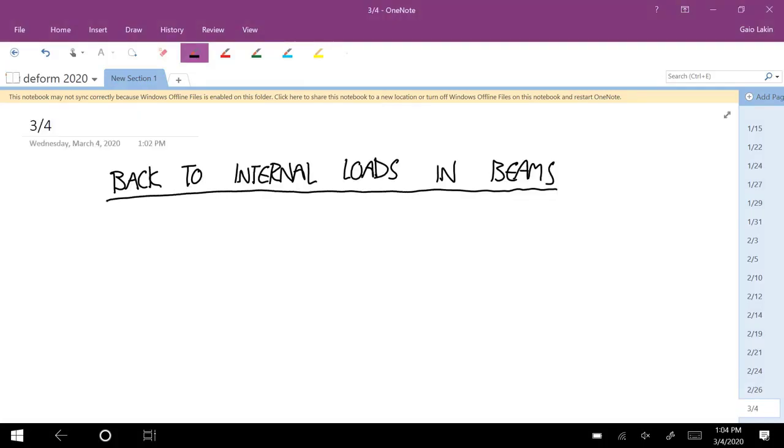And the example that we did was, you have a beam with a pin joint here. This way, there's a roller at the midpoint.